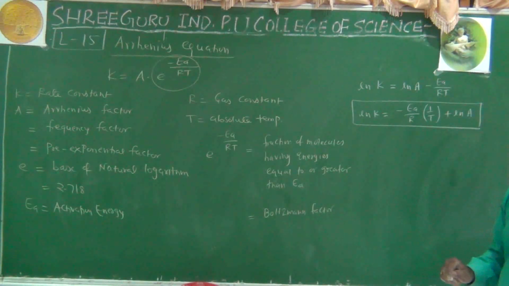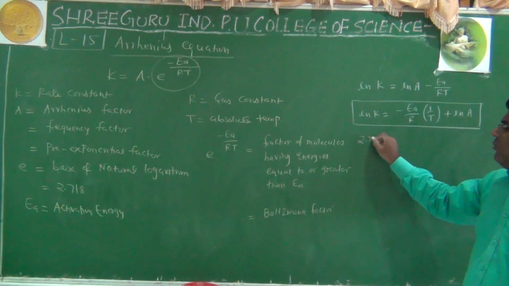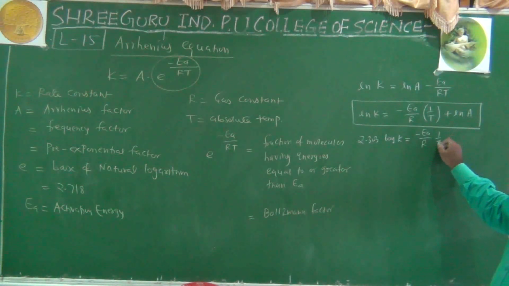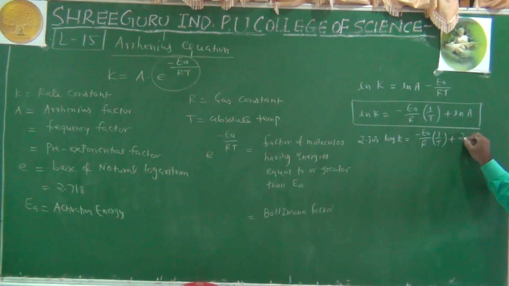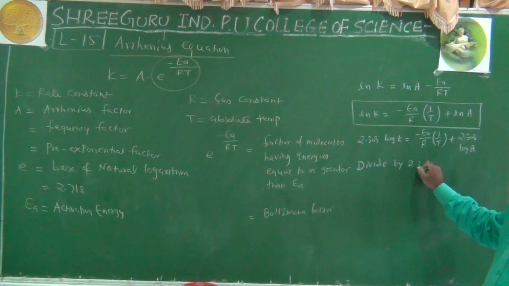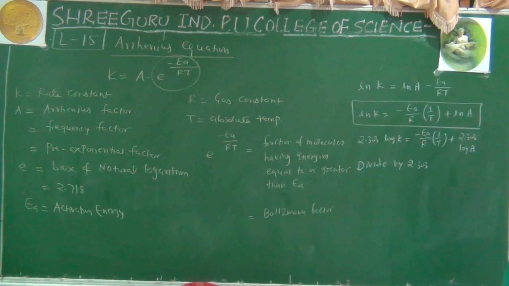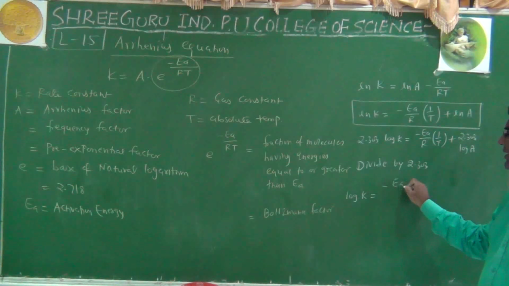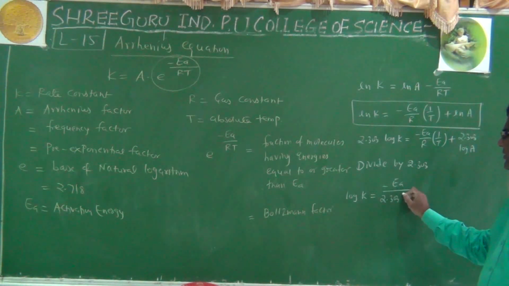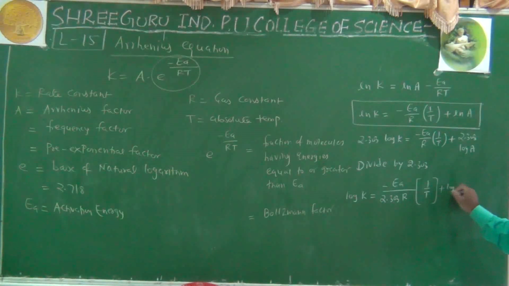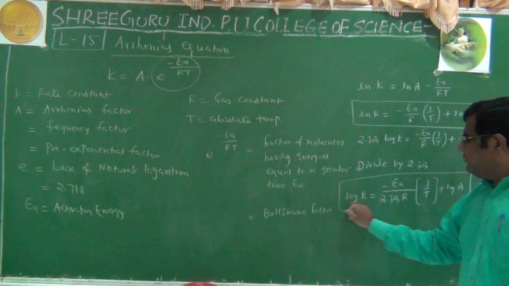We have to convert this to the base of 10. So we are writing this as 2.303 log k equals minus Ea by R times 1 by T plus 2.303 times log A. We have to divide this by 2.303. This 2.303 disappears, and what we have is log k equals minus Ea divided by 2.303 R times 1 by T plus log A, like this.